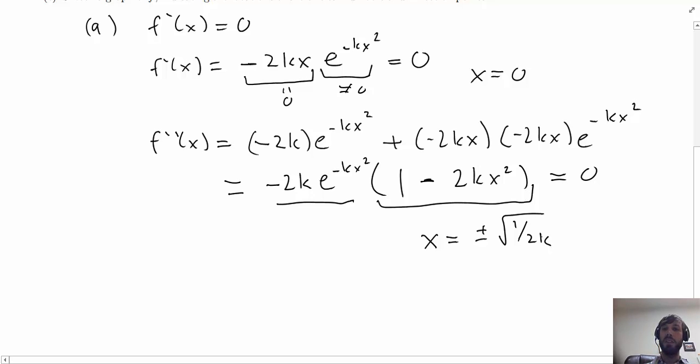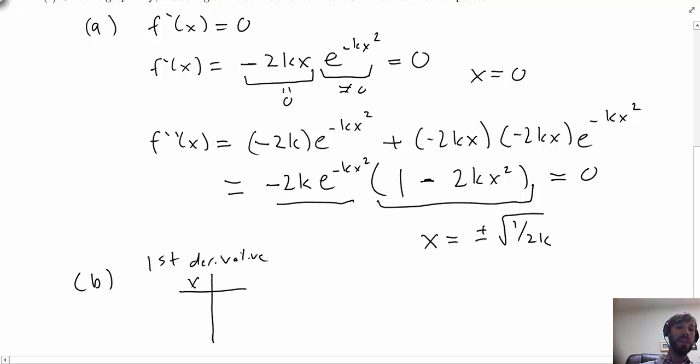Once we've completed this task, the next step is part B. We want to classify all the critical numbers as either local max, local mins, or neither. There's two ways to do this. We could use the first derivative, and say, I know that f prime is 0 when x is equal to 0.